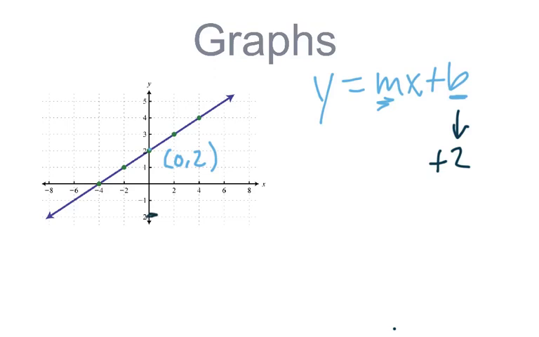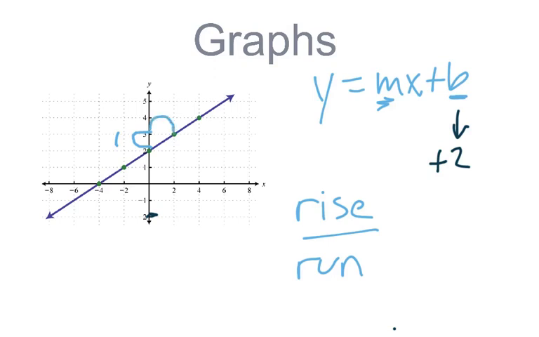Now for m, we can do one of two things. We can do rise over run, or we can do the slope formula. For this one, I'm going to go ahead and do rise over run, so that y'all can see what that would look like. I'm going to take my first point, and I'm going to rise, and I'm going to ask myself how much I went up. So I went from 2 to 3, so I went up by 1. That's how much I rose. So rise over run. And then I'm going to hop here. It's one hop, right?